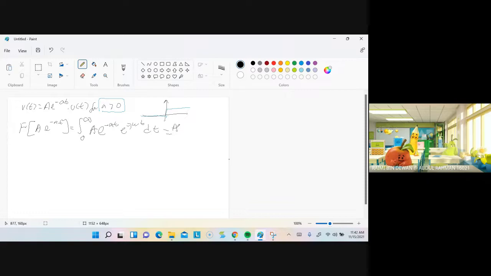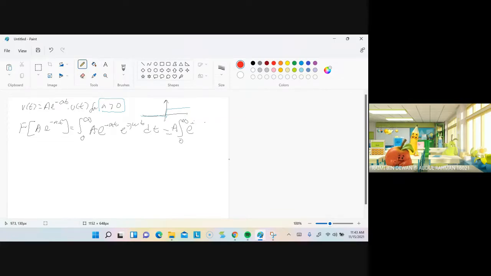You put the A outside first because it's a constant, from 0 to infinity. And you can put the exponents together, negative a plus j omega, and you put the negative outside.